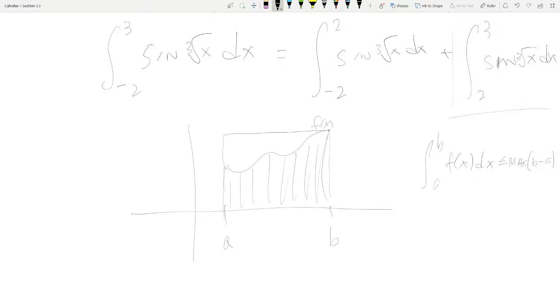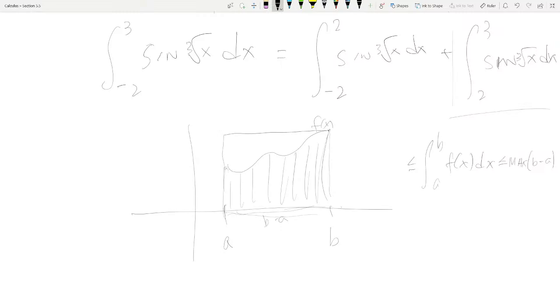The max of f of x on a to b times this length b minus a. So that area of that rectangle has to be bigger than, or it could be equal to, the area under the curve. And similarly, the function has to be greater than the minimum of f of x, or even just 0. But if the minimum is above 0, then it has to be bigger than 0.